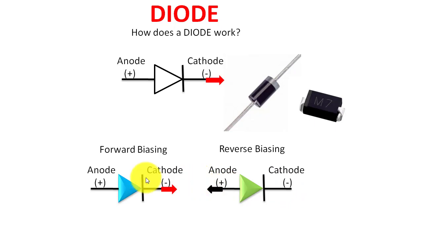We saw that in forward biasing it goes positive to negative, anode to cathode, and cathode to anode is reverse. We'll discuss more later on.